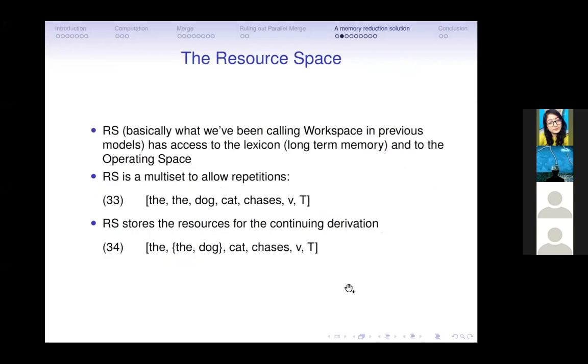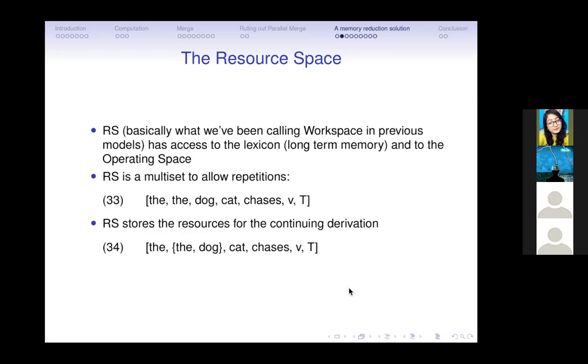So briefly, the resource space is what Chomsky calls the workspace, and it can access the lexicon, right? And it can also access the output of the operating space. This resource space is what's called a multi-set, so that just basically means a set where you can have repetitions. So for example, if you're going to build a sentence, the dog chases the cat, you can have 2 "the" in there, okay?